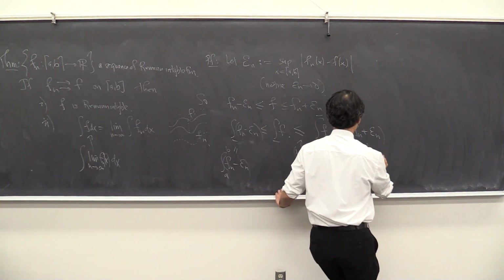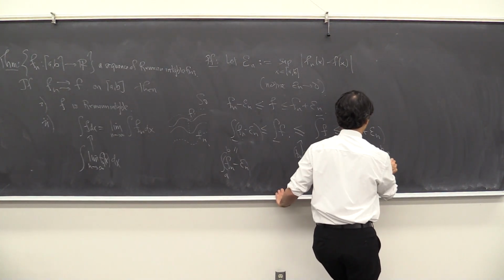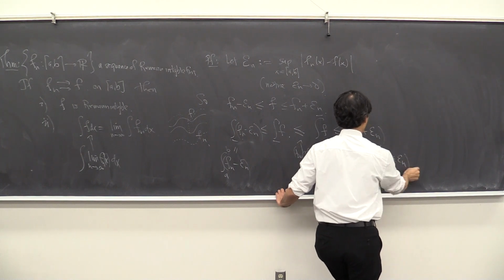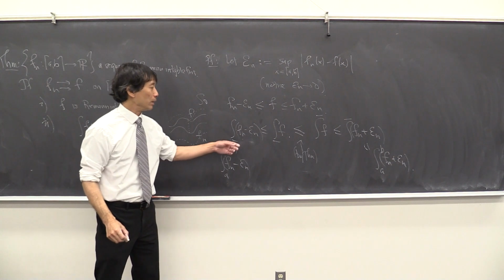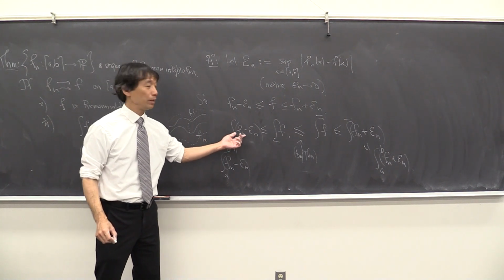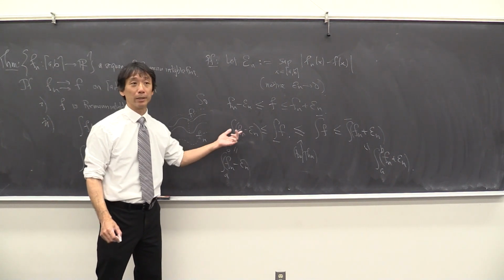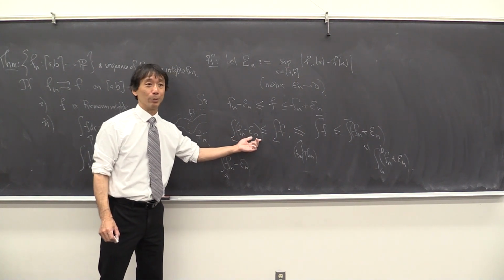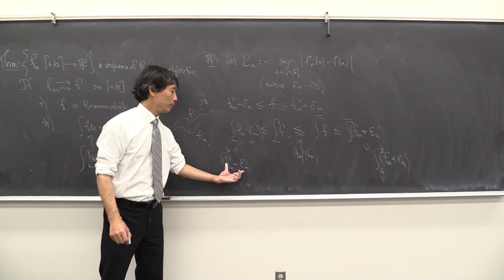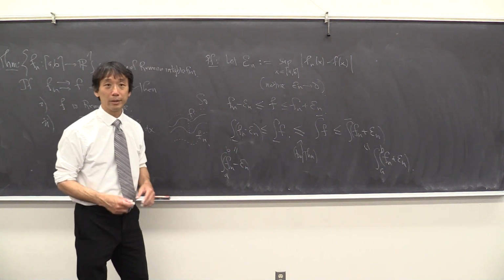And over here we're going to get the integral of f sub n plus epsilon n. Right? Because for f sub n, the lower integral and the upper integral are the same thing. And certainly, constants are definitely Riemann integrable. So yeah, we can do that.